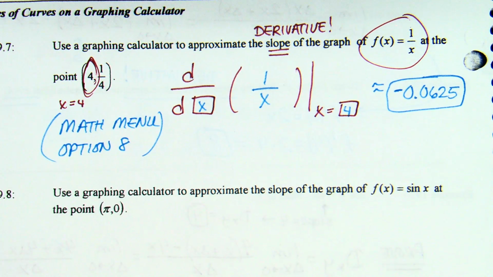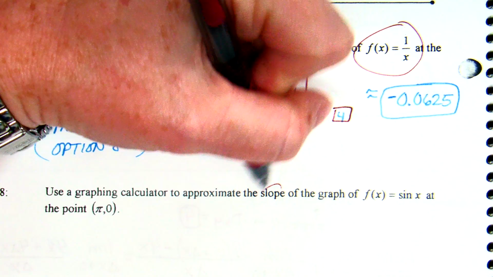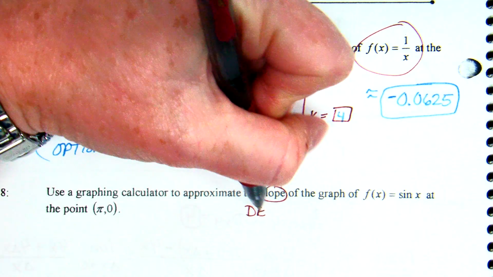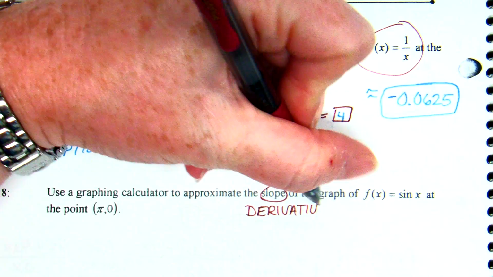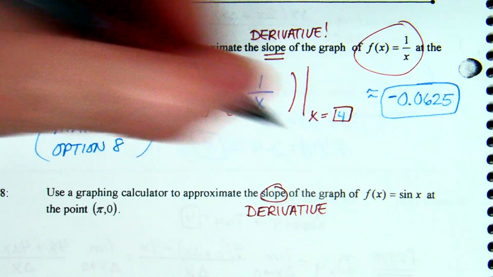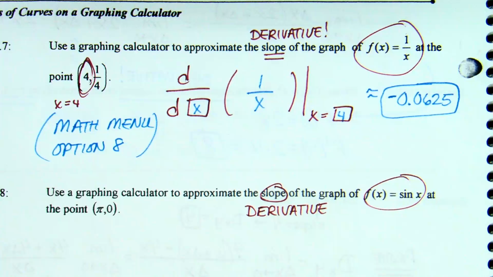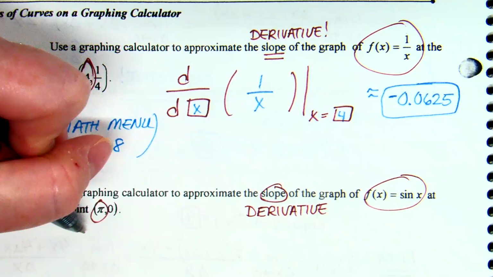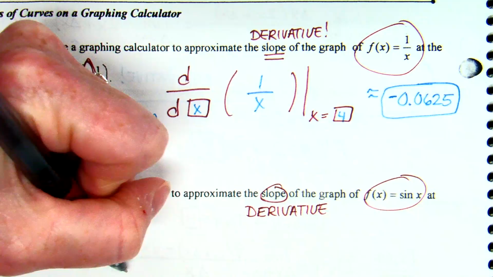But notice it does say slope, so we are thinking derivative. They give me a function, and what's the value I need to know? Your x value, so pi. So, give it a try.